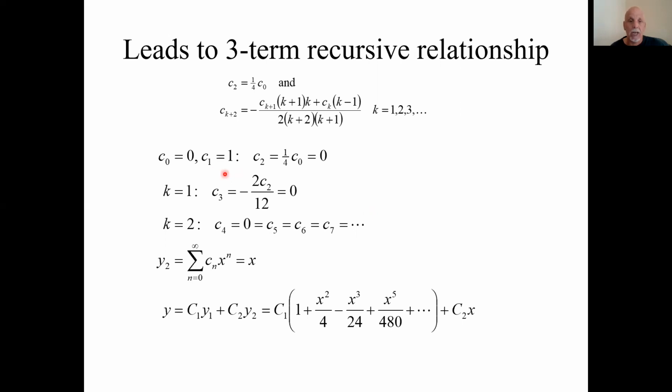That will be the only non-zero term. So in this infinite sum, all you have is c sub 1 x to the 1, x. That's your whole second particular solution. So the general solution is a linear combination of the particular solutions. Write the whole thing out. That would look like this.